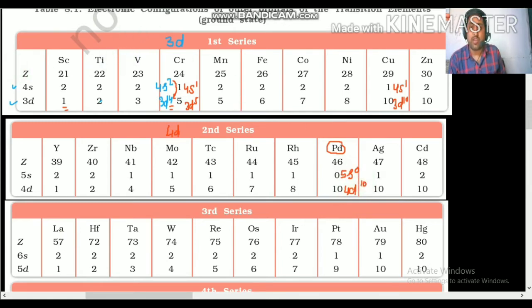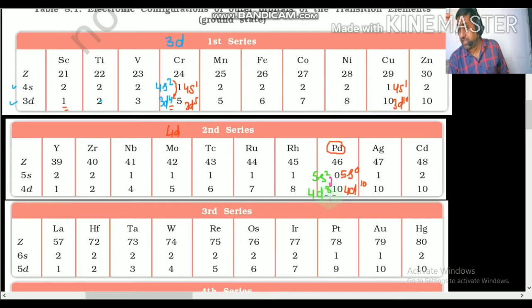Actually it should be 5s2 and 4d8, but due to the very small energy gap between the s and d subshells, the s subshell of the fifth orbit and the d subshell of the fourth orbit, these two electrons get transferred here.